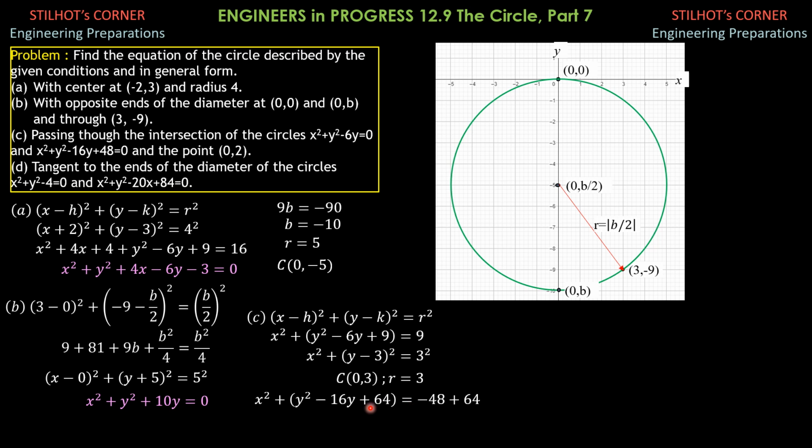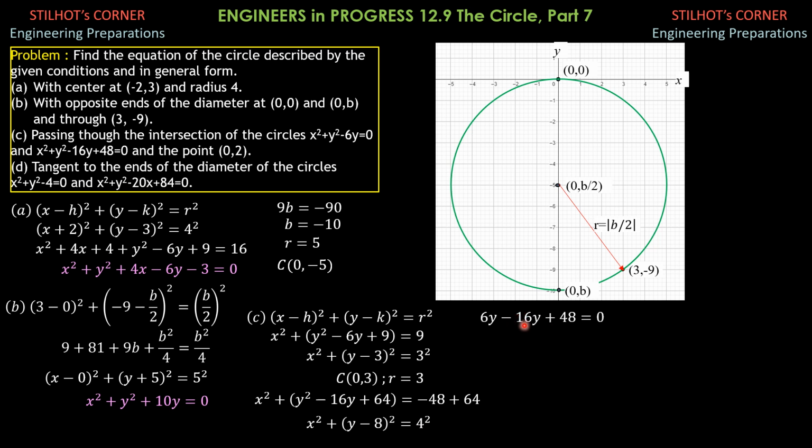Then equals, transpose negative 48 to the right, negative 48. We added 64 on the left side, so we also add 64 on the right side. So this is x squared plus quantity y minus 8 squared equals 16, and 16 is 4 squared. So the center is at (0, 8), and the radius is 4.